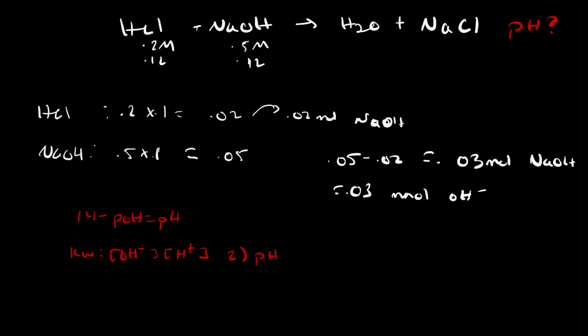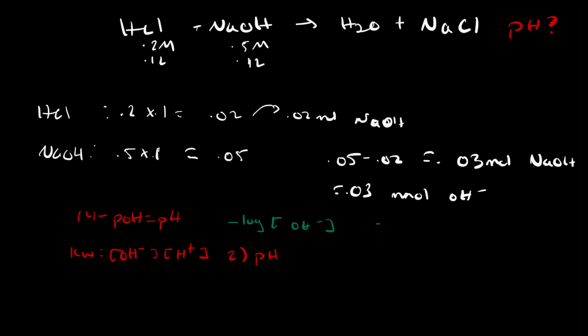Okay, so let's do the first way in green. So we want to get pOH first. So we know pOH is a negative log of our concentration. And again, we don't have concentration yet. So we need to convert our 0.03 moles into molarity. And similarly to the problem we did above, we need to add up the liters to get what our new volume is.